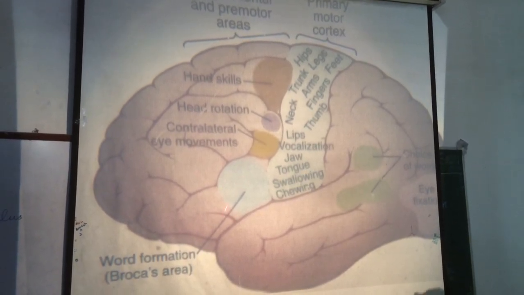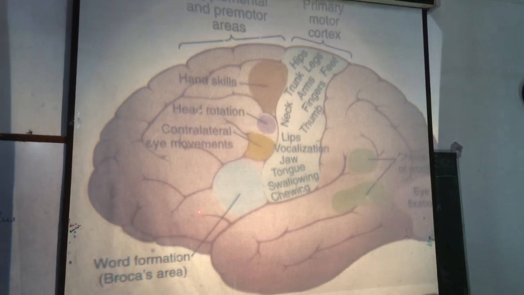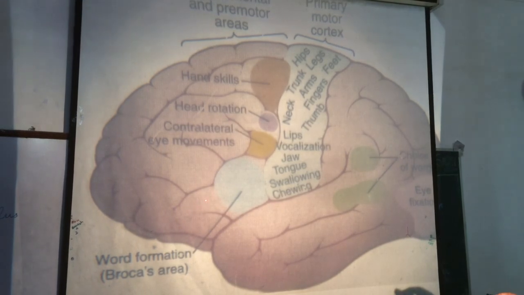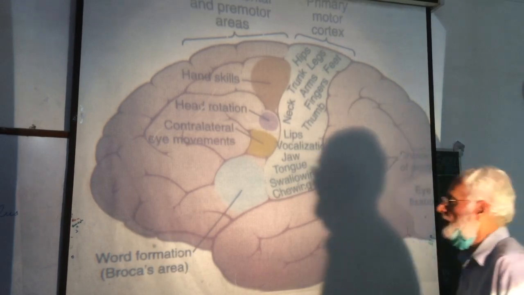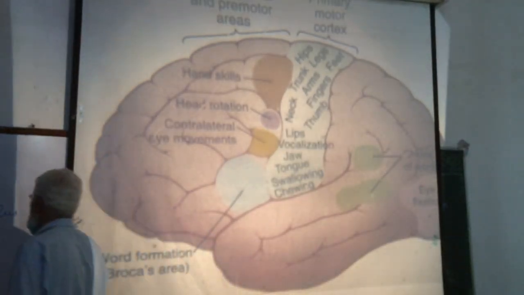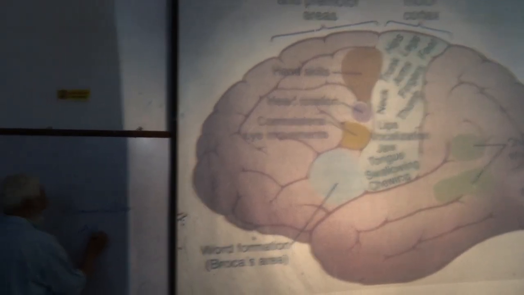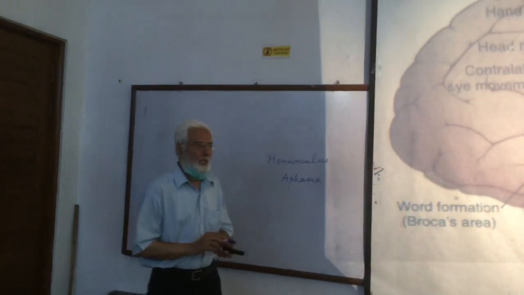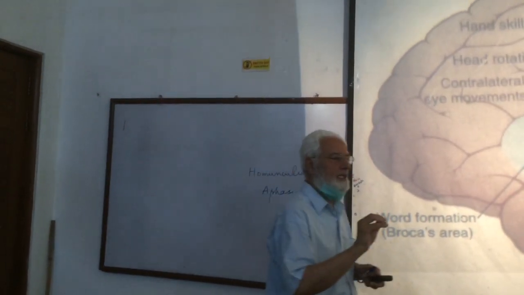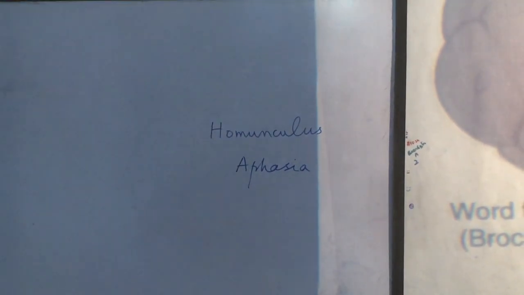If Broca's area is damaged, there is non-fluent aphasia. The patient feels difficulty in uttering words, emitting words.